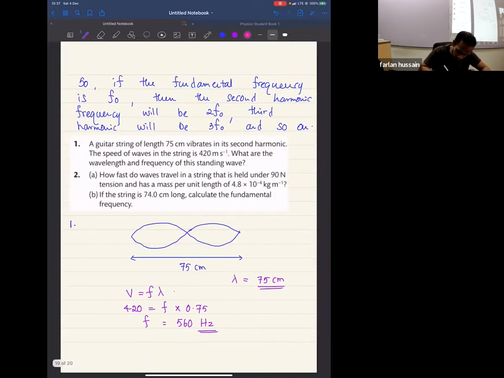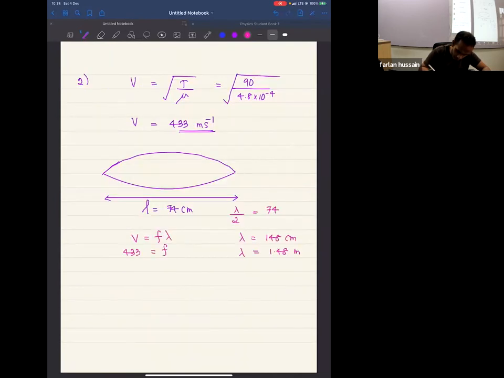V is 433. Frequency, fundamental frequency is what we want. Lambda is 1.48. So the frequency is going to be 433 divided by 1.48, which is 292.56.